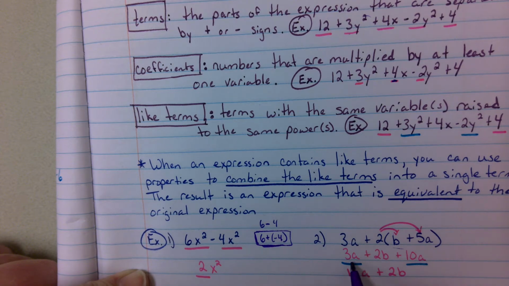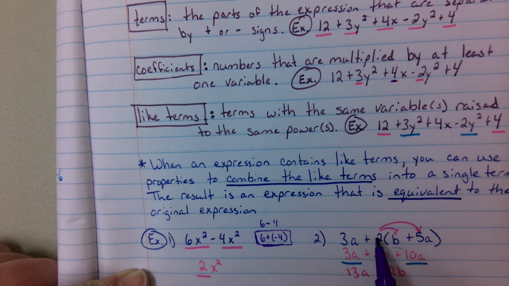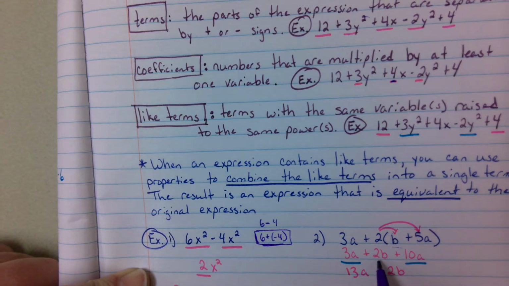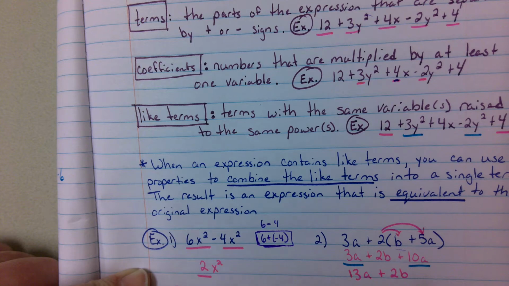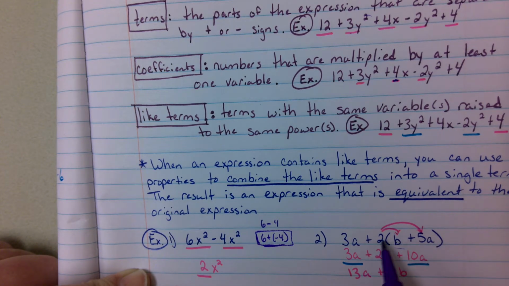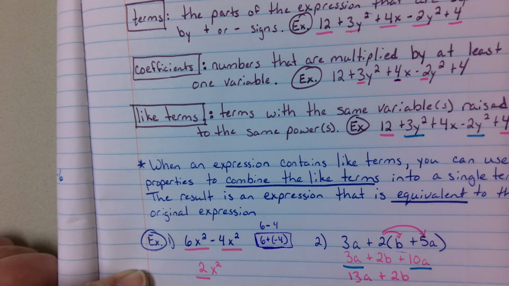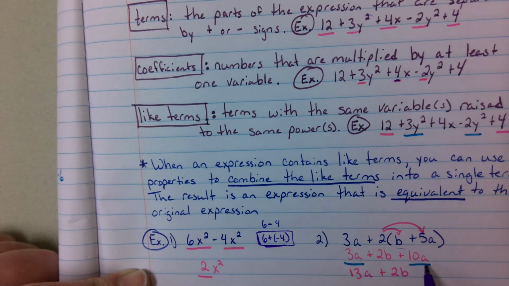So 3a just stays the same and it comes down. Then I've got my plus 2 times b is 2b, and 2 times 5a is 10a. Notice that my operations were part of my multiplication, but everything was positive, so I still stayed with adding. All right, now I have 3a plus 2b plus 10a.